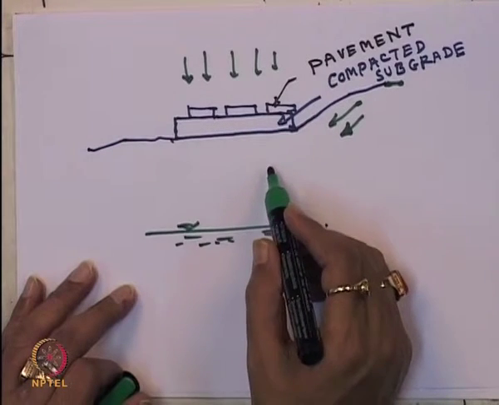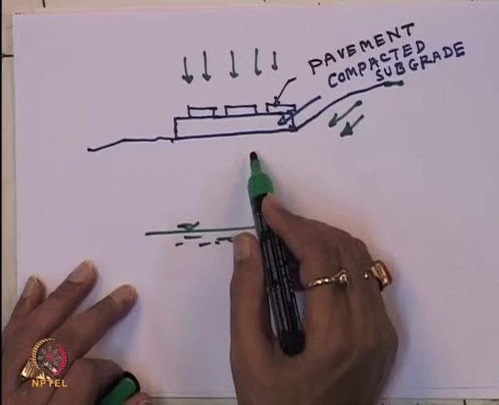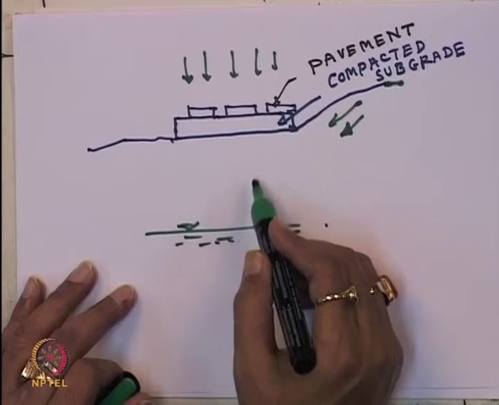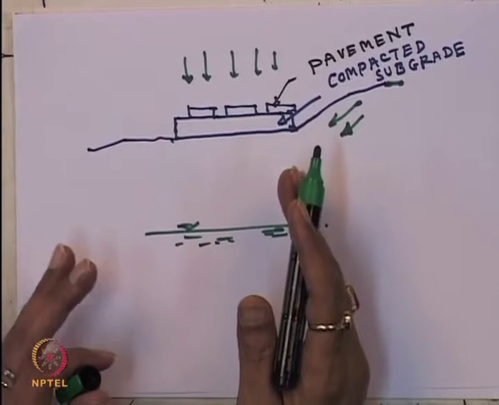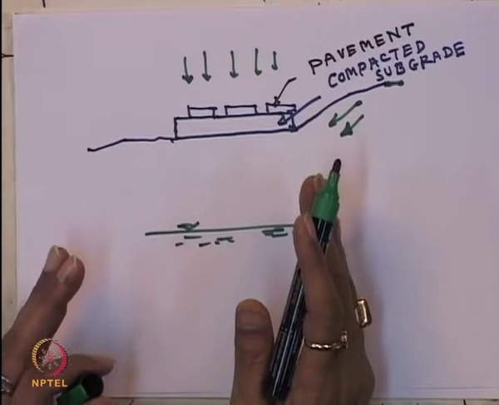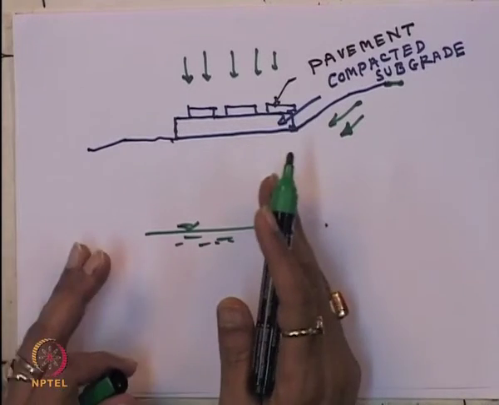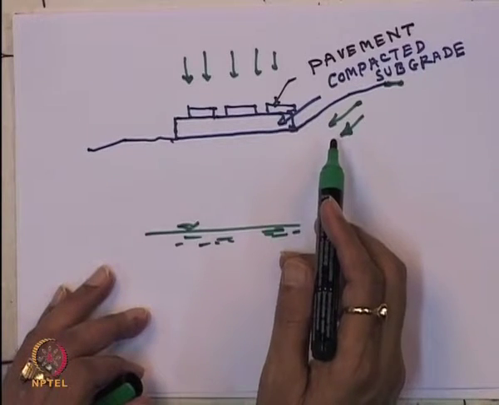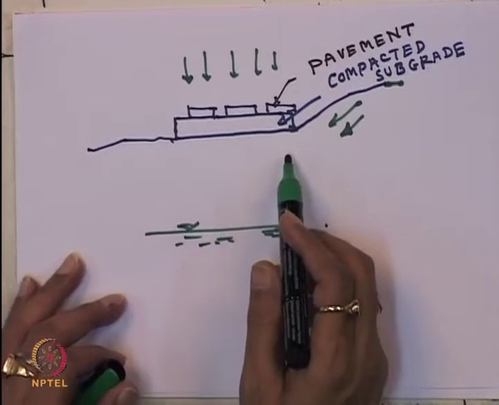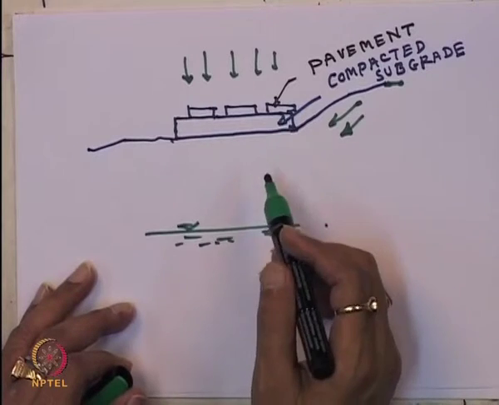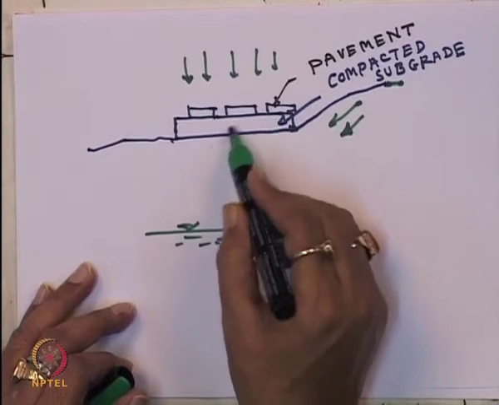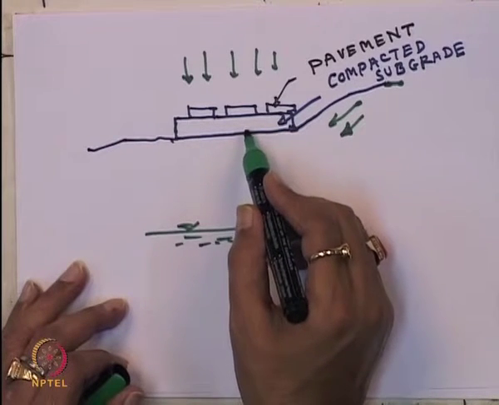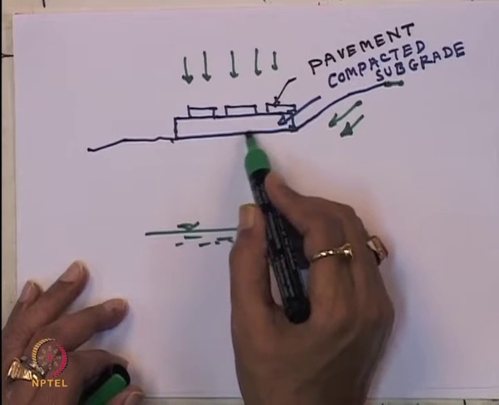Then there is also upward movement of water, or a capillary rise. So, there are various means of moisture movement in the pavement. So, moisture can ingress the crack and soften the subgrade for further deterioration.